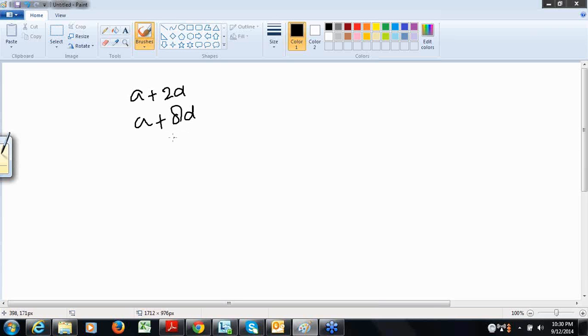So the sum will be 2a plus 10d, which is equal to 8. This is given.